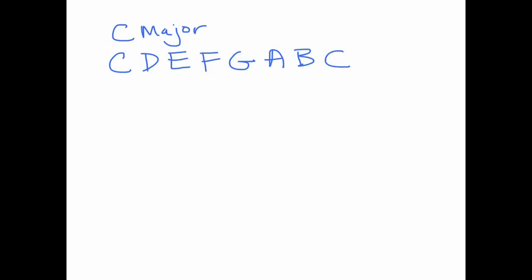Well, there are different methods that you can use. The easiest method is just to take the C major scale and go backwards 2 notes. So we start at C and go back to B and then A. So A is our starting note for our minor scale. That means the relative minor of C major is A minor.